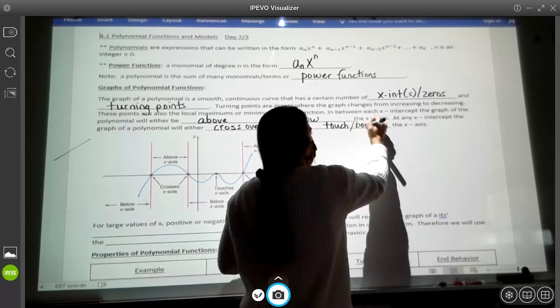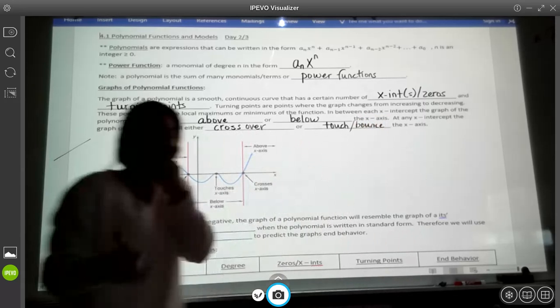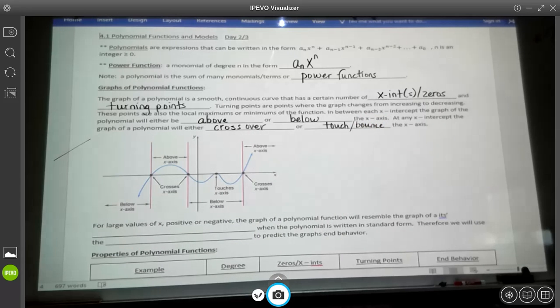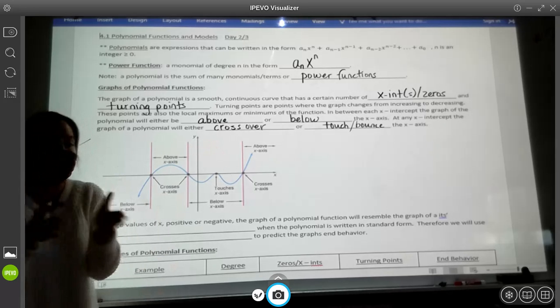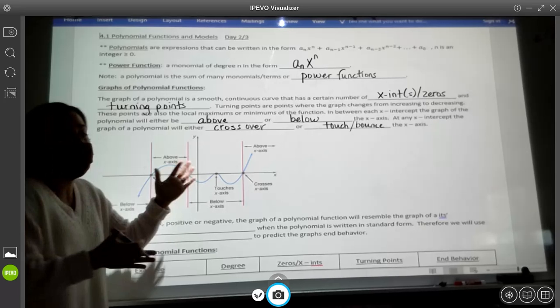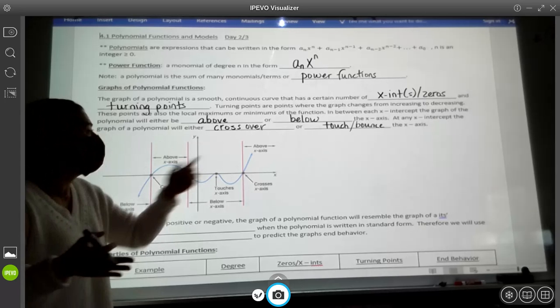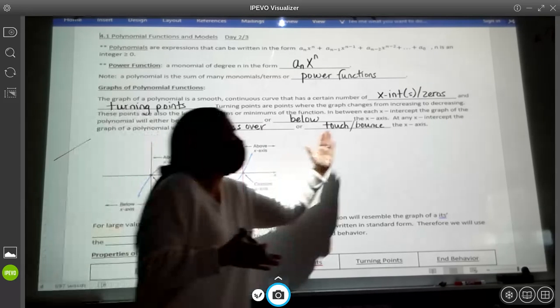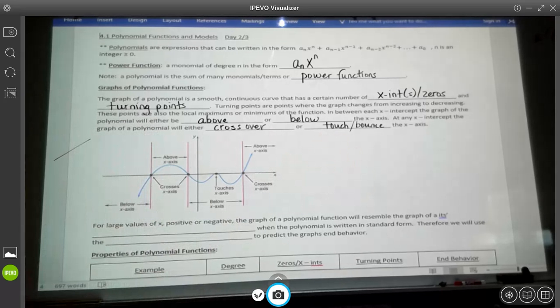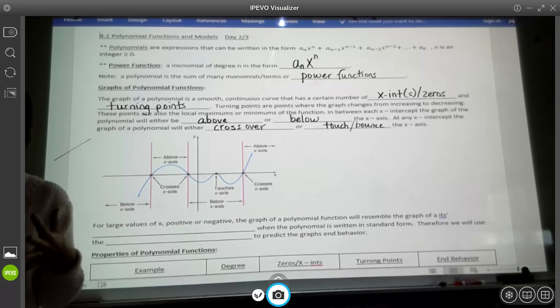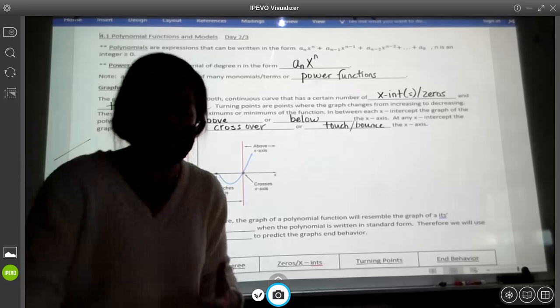It kind of bounces off the x-intercept and goes back in the direction from which it came. All right, so again, that's going to have to do with the multiplicity of that x-intercept. We know that odd multiplicity will cross over. We know that even multiplicity will bounce, okay? And that's another clue that we're going to be able to use to create the graph of a polynomial very, very quickly, all right?